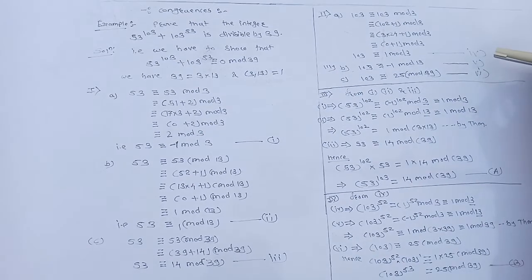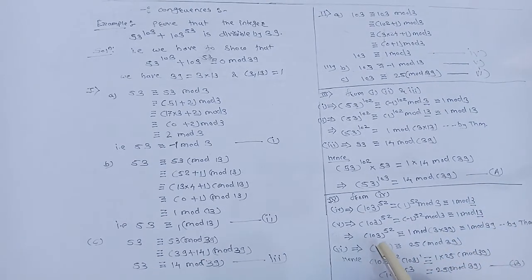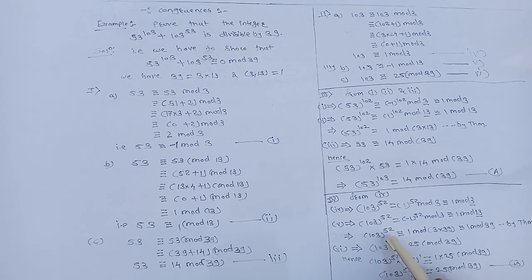This is by 4th, 5th and 6th. Similarly, 103 raised to power 52 congruent to 1 mod 3 into 13, that means multiply by theorem, equal to 1 into 1 mod 39. This is by theorem.